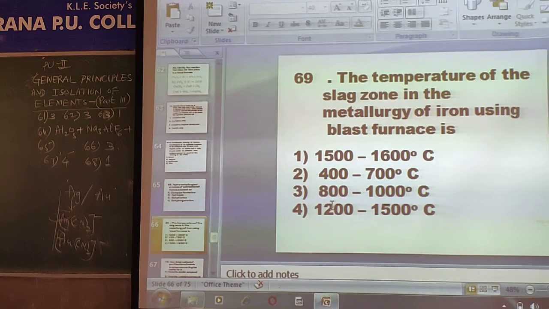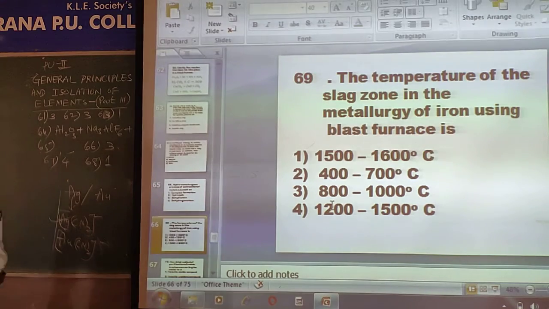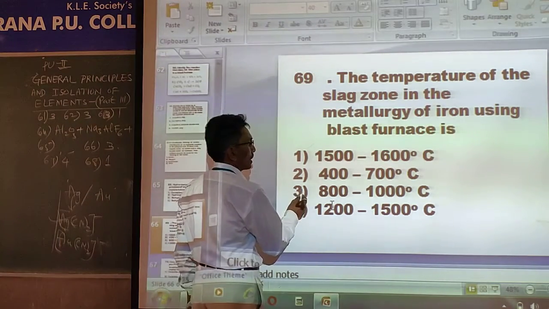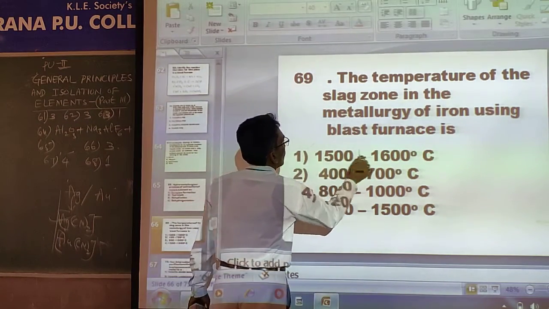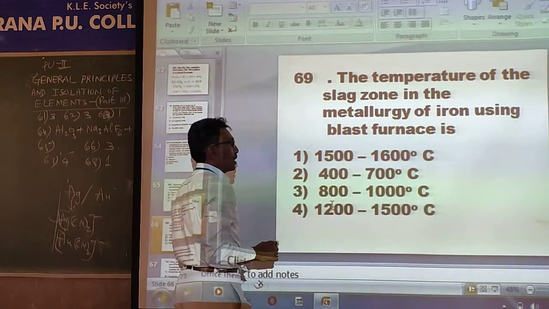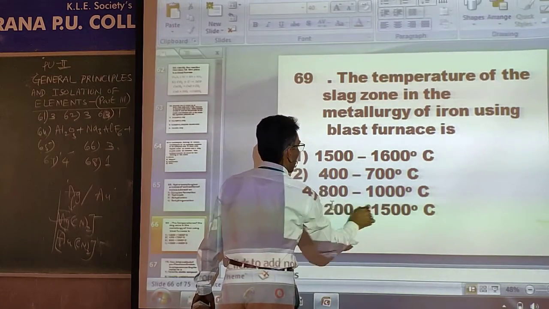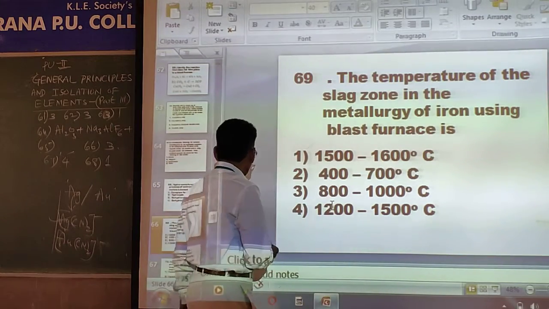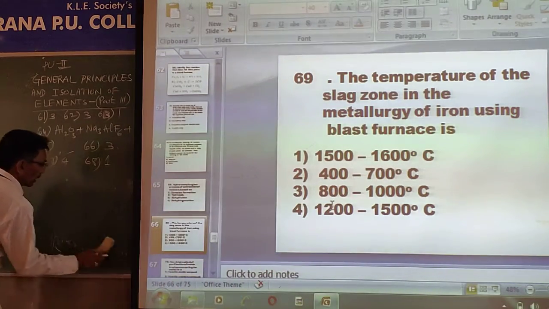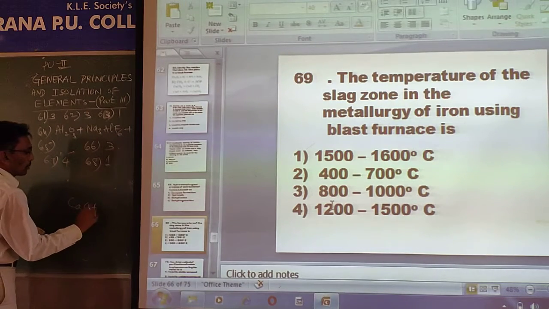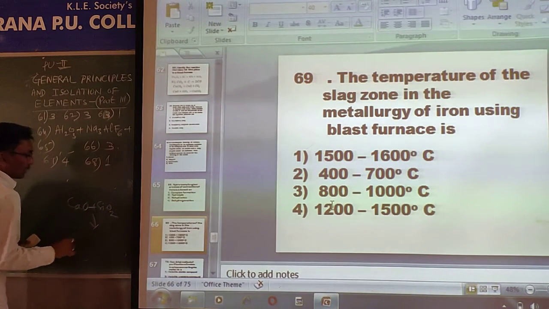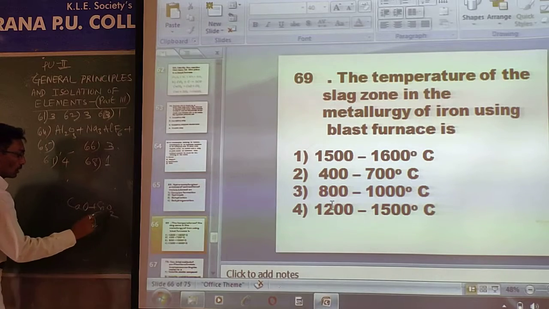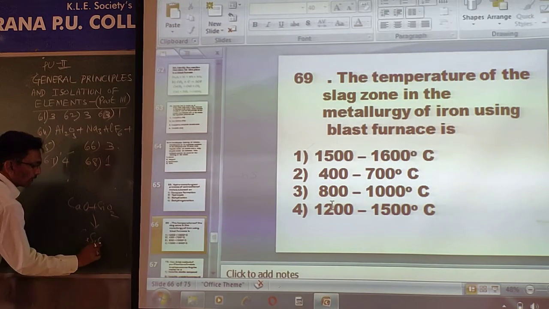The temperature of the slag zone, in this case. Yes, this is at higher temperatures where molten metal is formed, and 800 to 1000 degrees centigrade is the right temperature, where CaO combined with silica impurity forms an insoluble compound, calcium silicate.